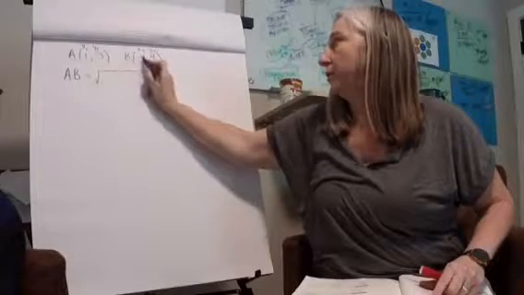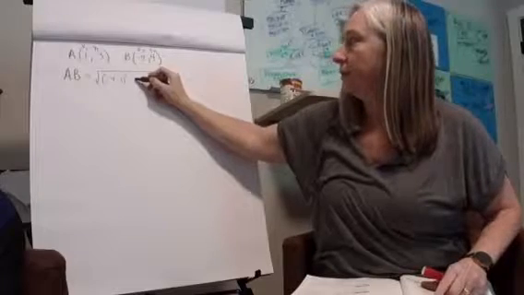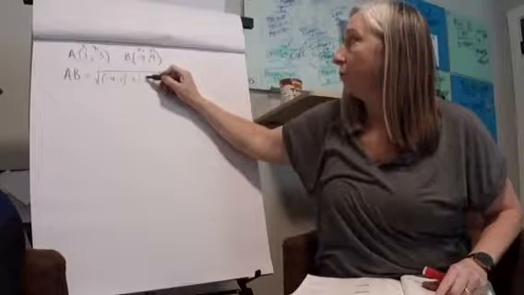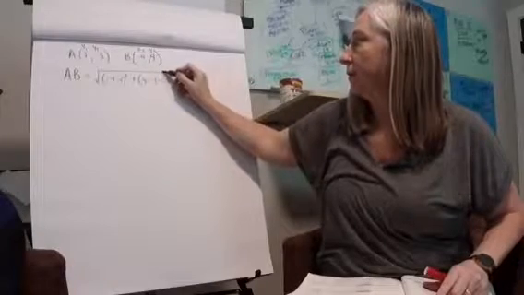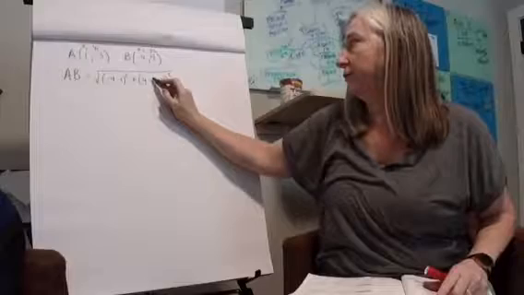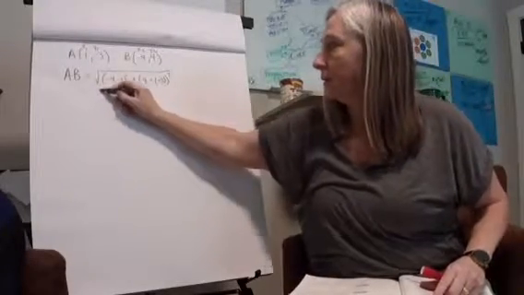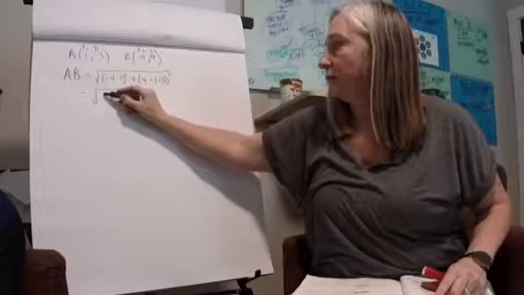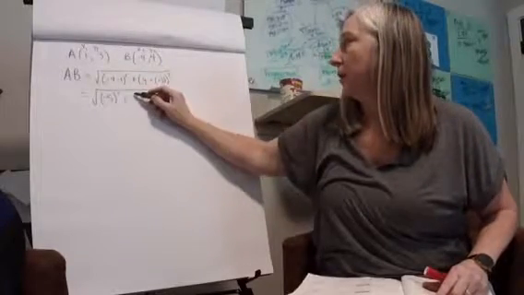So I'm going to do -4 minus 1 squared plus 4 minus a -3 squared. Now be careful with your signs as you go through. If I'm subtracting a -3, this becomes plus a +3. Right, so I'm going to have -5 squared plus 7 squared.